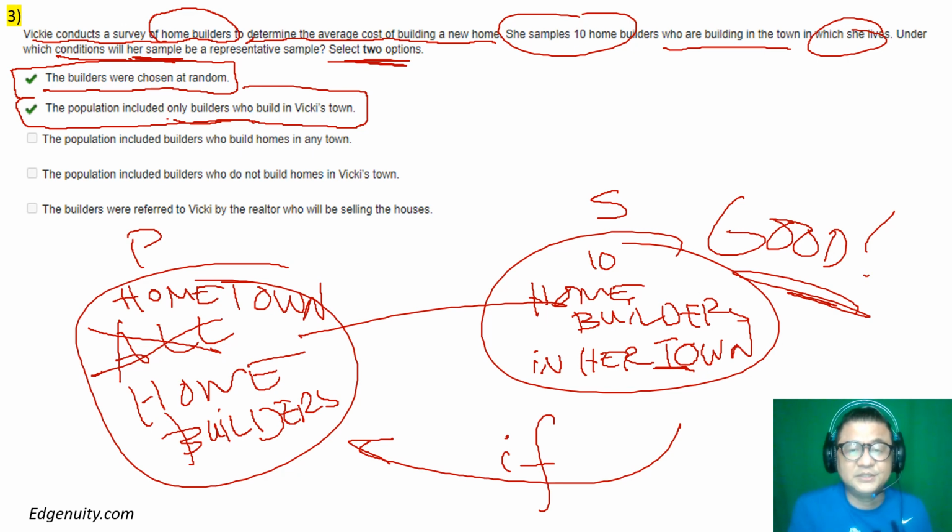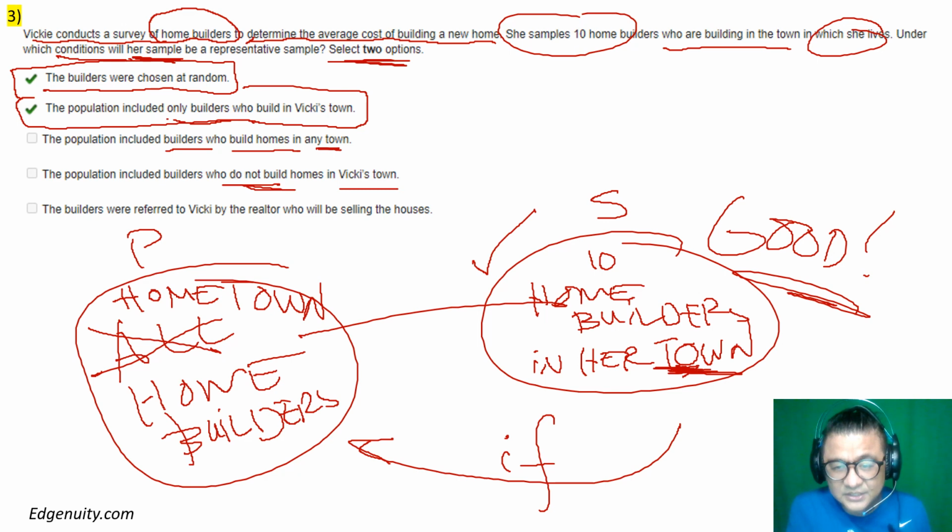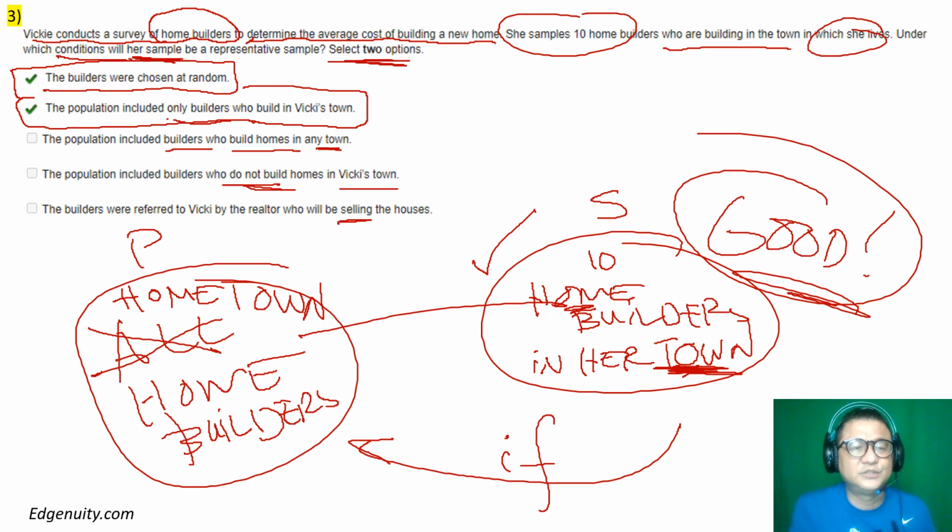Therefore this is valid. The population included builders who build homes in any town. No, it says own town. The population included builders who do not build homes in Vicky's town. No. The builders were referred to Vicky by a realtor who will be selling. Nothing about selling, it's about building. So only those two will make this sample good.